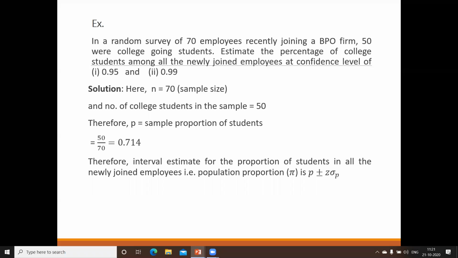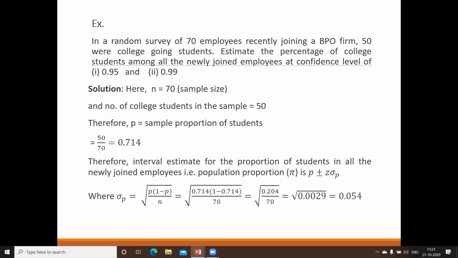We are supposed to find out the next value, the standard error of proportion, that is your sigma P. To do that, these are the calculations which we have done. Sigma P equal to square root of P into bracket 1 minus P divided by N. And the answer rounded up is coming to 0.054.